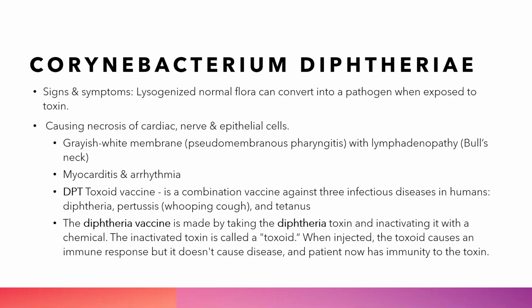So we can give a DPT toxoid vaccine. That is a combination vaccine against three infectious diseases seen in humans. D stands for diphtheria, P stands for pertussis, and T stands for tetanus. The diphtheria component is made by taking the diphtheria toxin and inactivating it with a chemical.